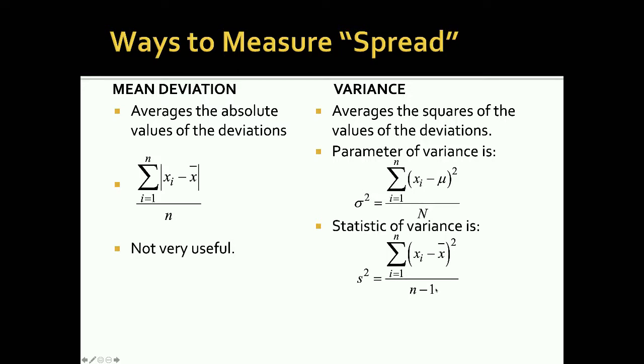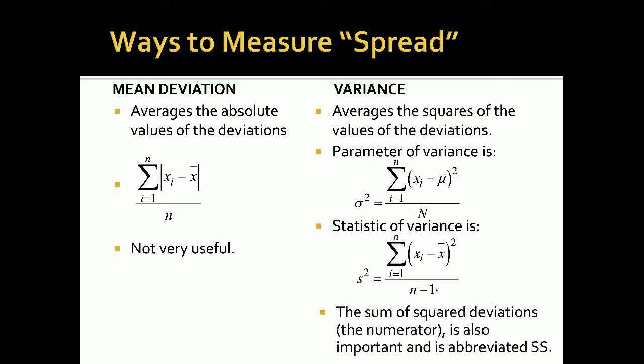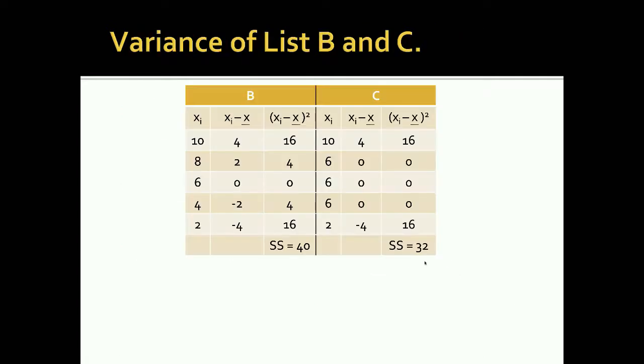So a little bit different there, but that is variance for a statistic, so for the sample. The sum of squares is an important term, and we'll see that a lot, so we give that the abbreviation SS, with a capital S, capital S. That represents the sum of squares, so that's this numerator. We're adding up all the squares. So let's take a look at variance for list B and C.